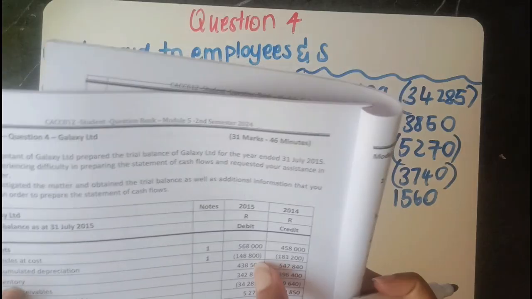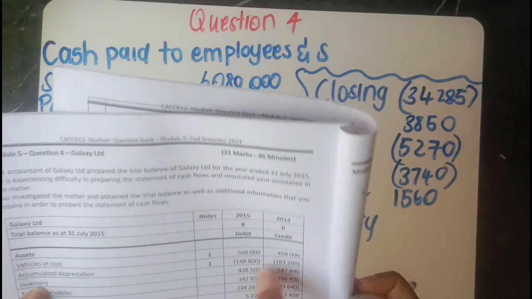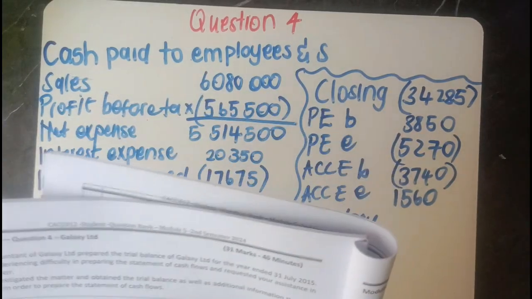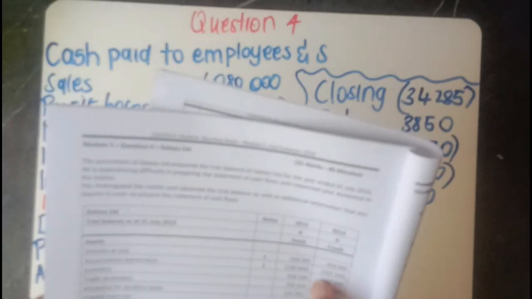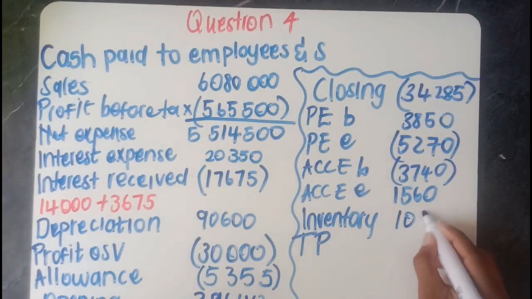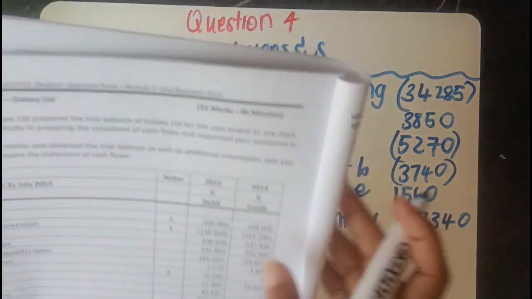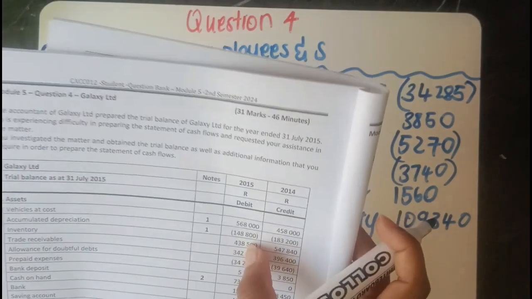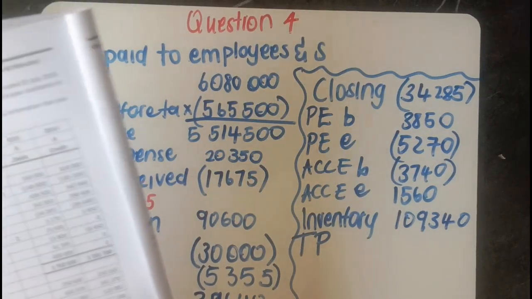It decreasing means it's an inflow. Now we know that. So you look for the difference, and the difference of these two will be positive because there's a decrease. So we'll have 109340. You take these two amounts, look for the difference, and get this one, and you leave it like that because it's a decrease, right?